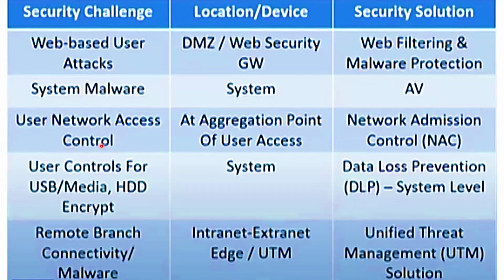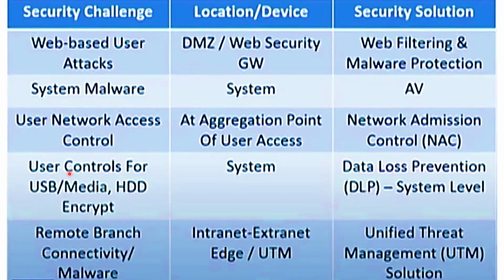Then comes system malware, which systems usually face, and the possible solution for this is endpoint protection using antiviruses. Then we have user network access control, which usually occurs at the aggregation point of user access, and we can use a security solution that is network admission control.